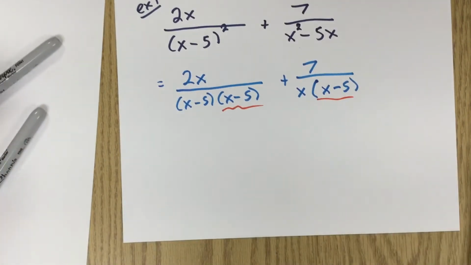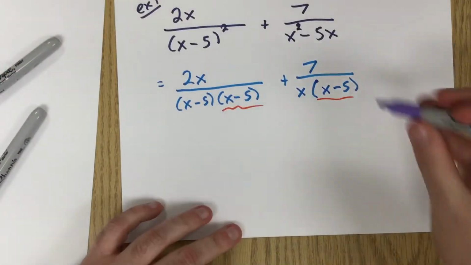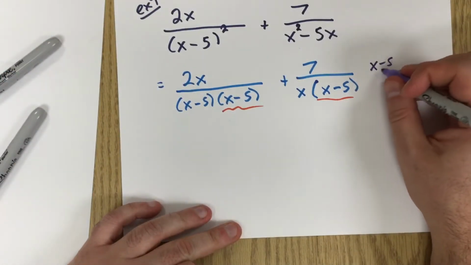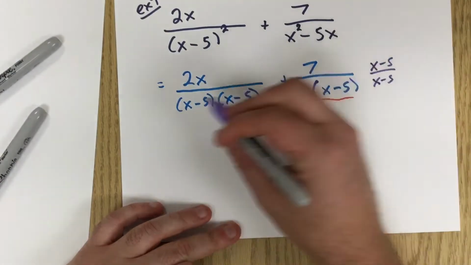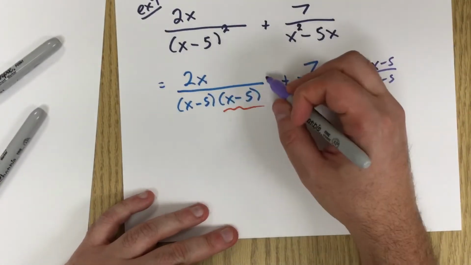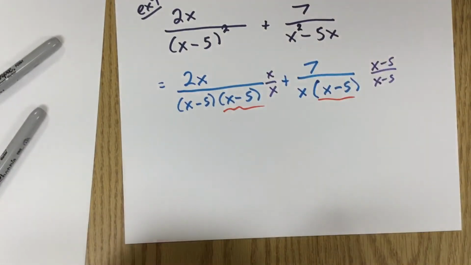So we have 1 (x minus 5), but we're going to have to multiply by another one. So we're going to multiply it by x minus 5 over x minus 5, and we're going to multiply this side by x over x, actually.